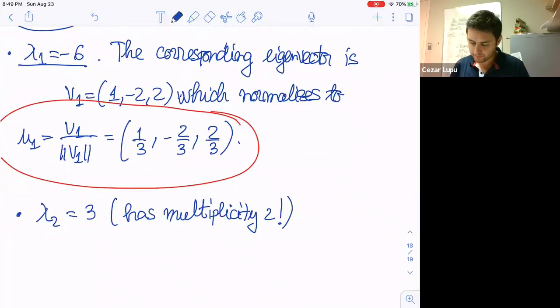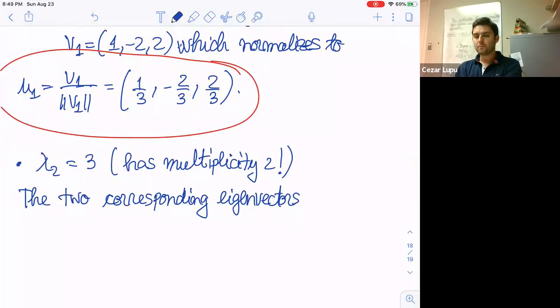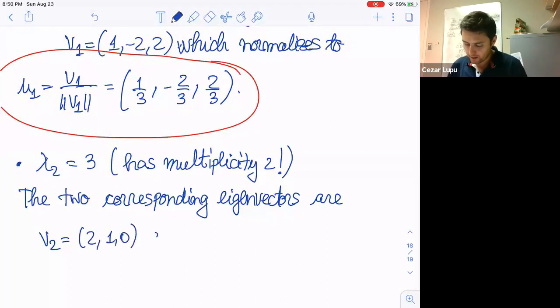The 2 corresponding eigenvectors for this are V2, which will be 2, 1, 0, and V3 will be -2, 0, 1.